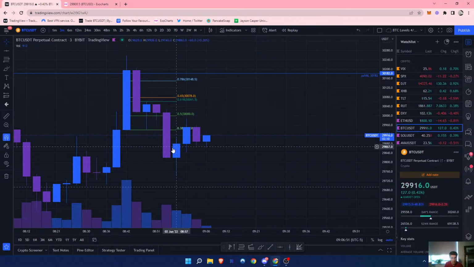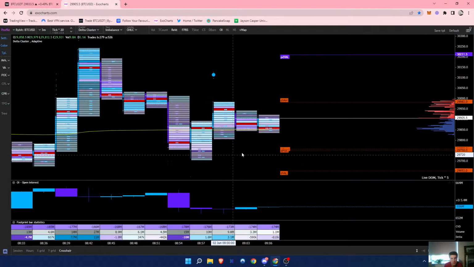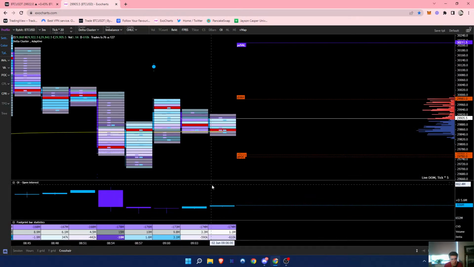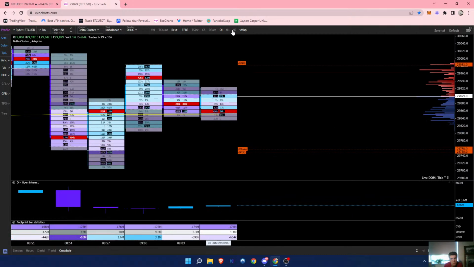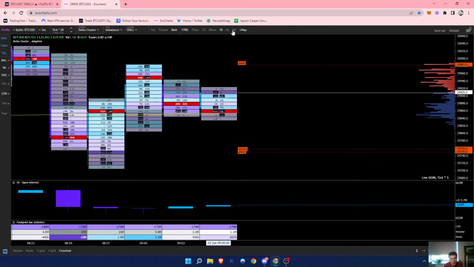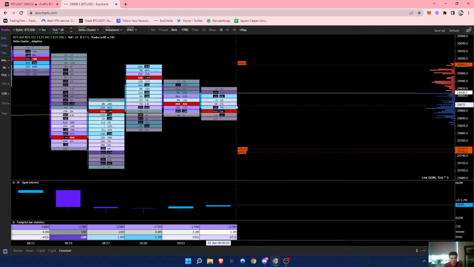Right now, locally, we're in a downtrend. Still in a downtrend. I want to see volume backing this up. Looks like OI is slightly increasing, so a little bit more shorts compared to longs coming in.